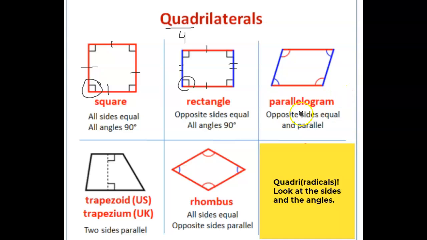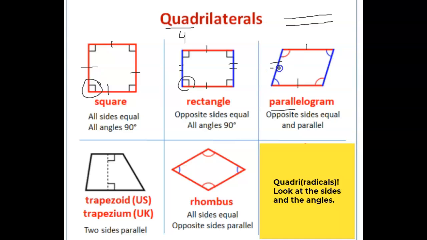What's a parallelogram? Well, we've got this word parallel, and parallel means two lines that can go in the same direction forever without touching, right? So a parallelogram has opposite sides that are equal and parallel. So this side and this side are equal and they're parallel. They're like two train tracks. They're going to run on forever without touching each other.